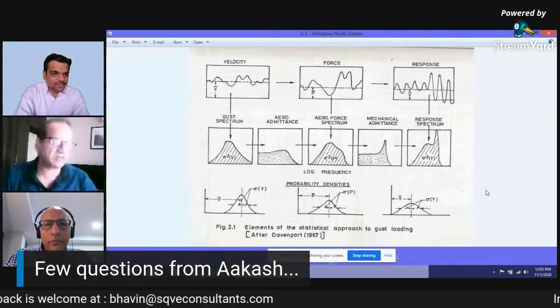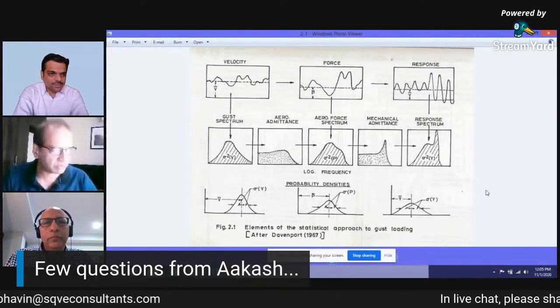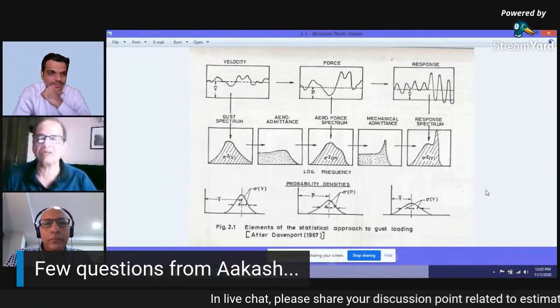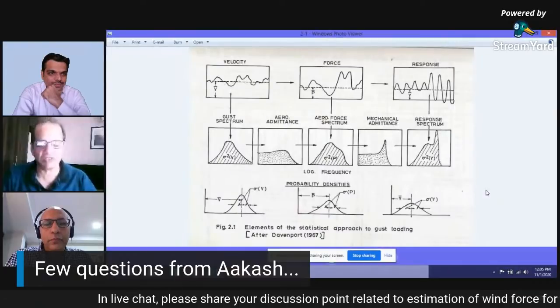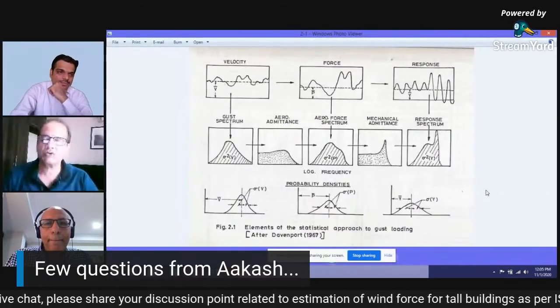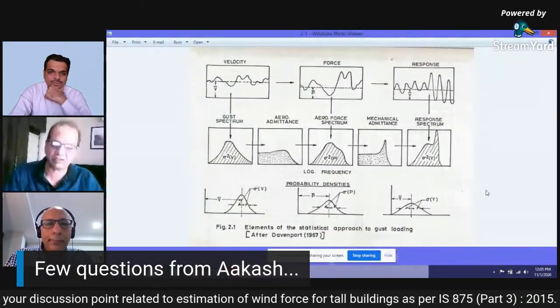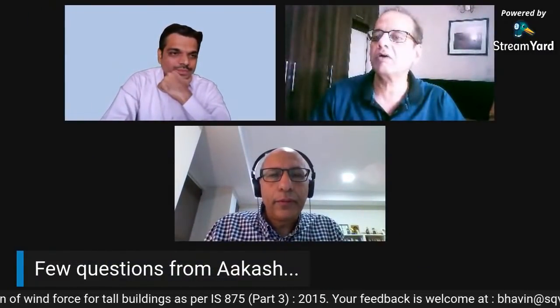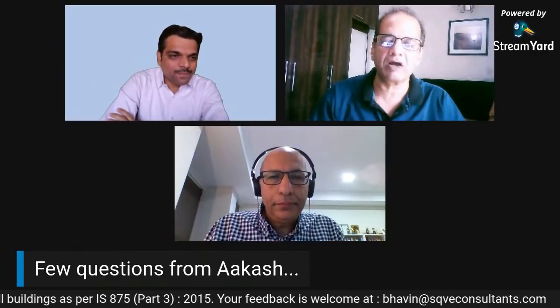And the third one is the resonant response, which is generated because of the resonant frequencies of the aerodynamic force spectrum. So this is the development of the Gust factor, and hence the expression.